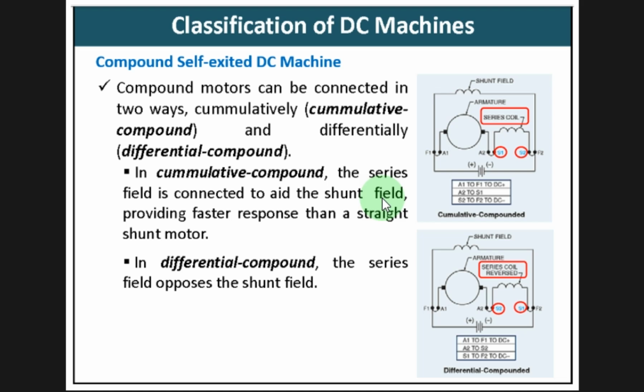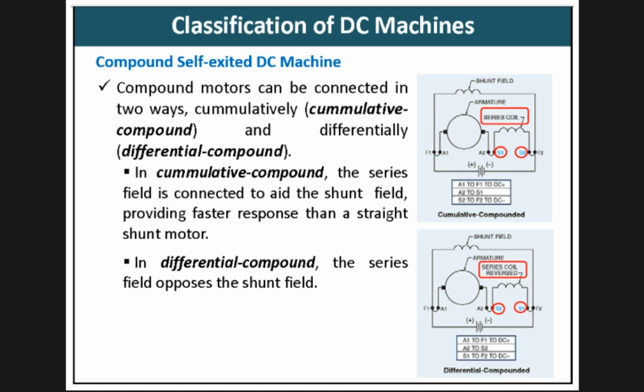If the two fields are opposing each other, so that the resultant field is reduced, then it is called differential compound. In the cumulative compound, fields are adding. In differential compound, fields are opposing, right?